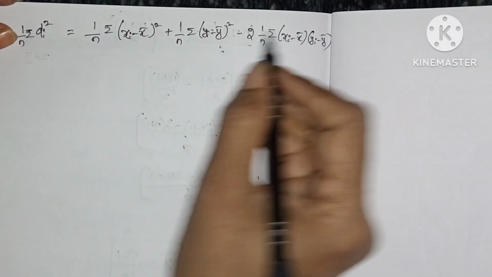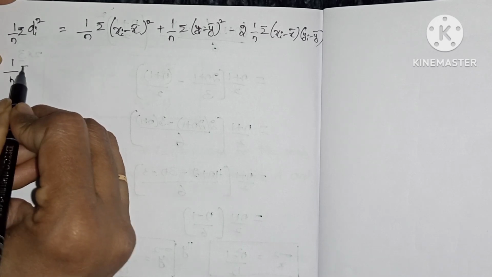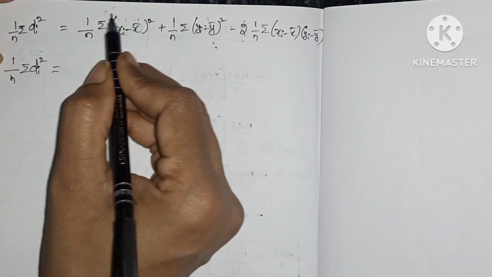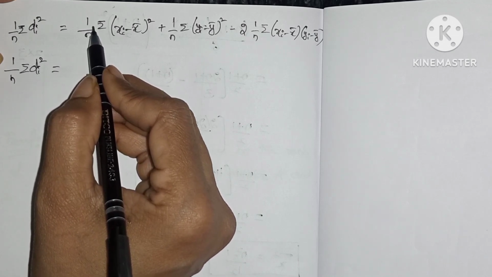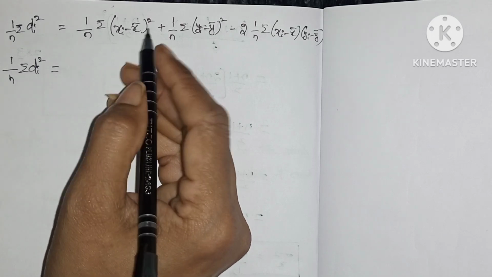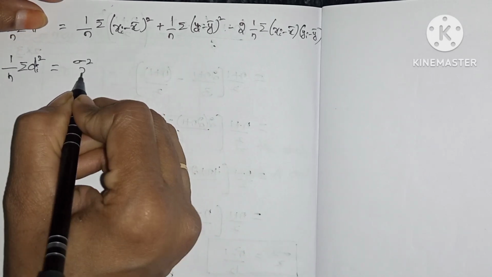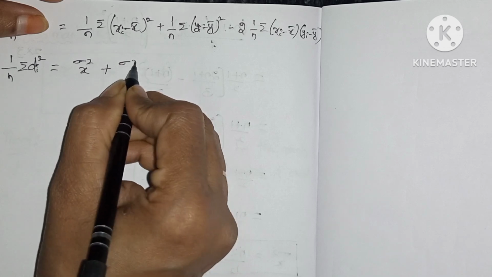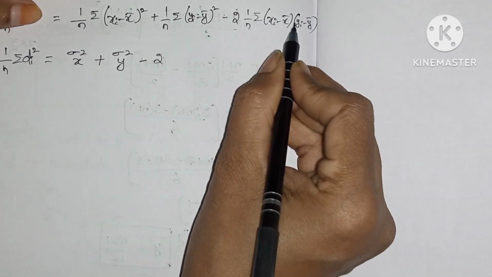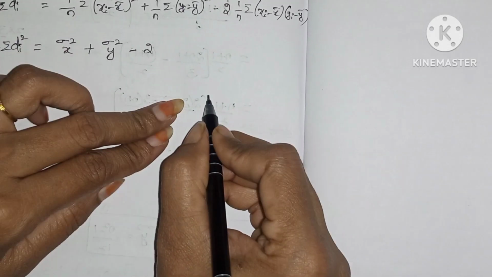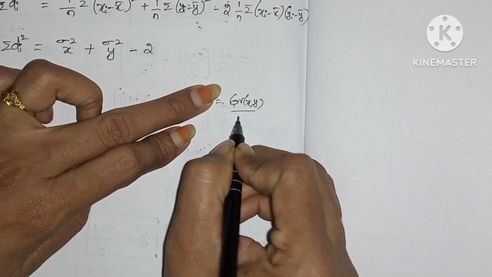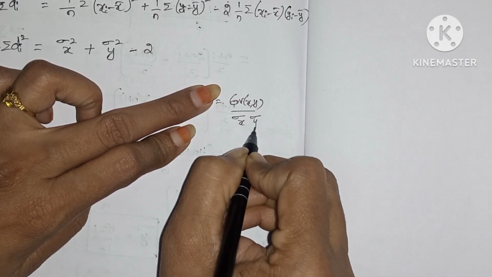Okay. So in place of this, what can we keep here? It is in the form of, nothing but, we all know that this is the formula for variance. That means sigma square x plus sigma square y minus 2 into, this is nothing but the formula of r equals covariance of x comma y by standard deviation of x into standard deviation of y.